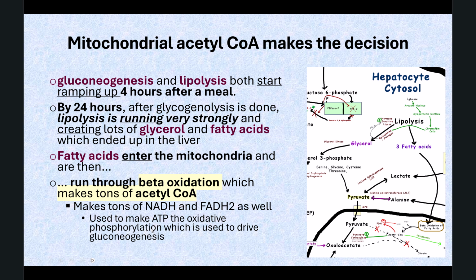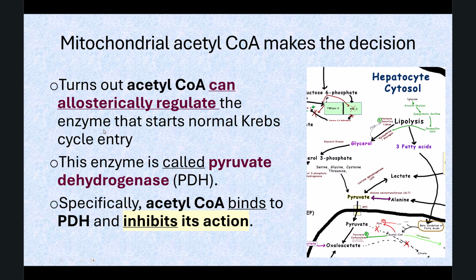Remember, that's a two process thing. All right, great. So, yep, everything we said. Turns out acetyl-CoA can allosterically regulate enzymes that start the normal Krebs cycle entry. The enzyme is called pyruvate dehydrogenase. Acetyl-CoA binds to pyruvate dehydrogenase and inhibits its action. That's what we talked about right there.